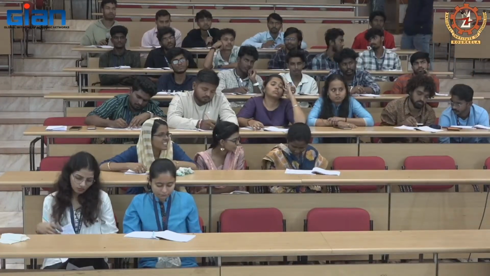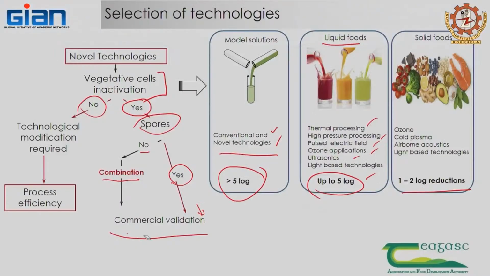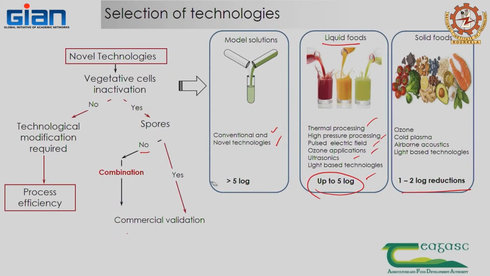Sir, as you mentioned about the pour plate method, it takes 18 to 24 hours for counting the microbial counts. Is there any new technology which reduces the time? Yeah. Now, this is one of the biggest debates between microbiologists and chemists, right? And even I end up in a lot of arguments with microbiologists on this.